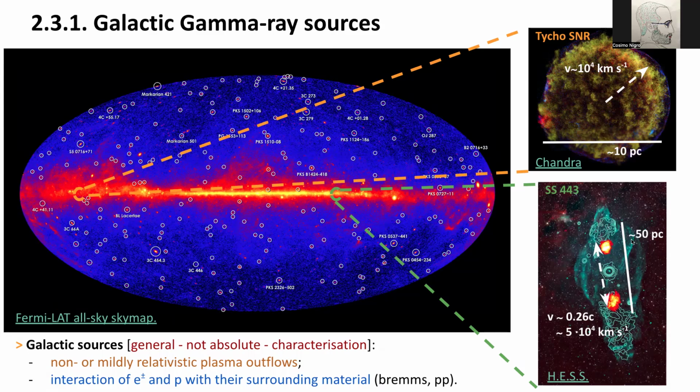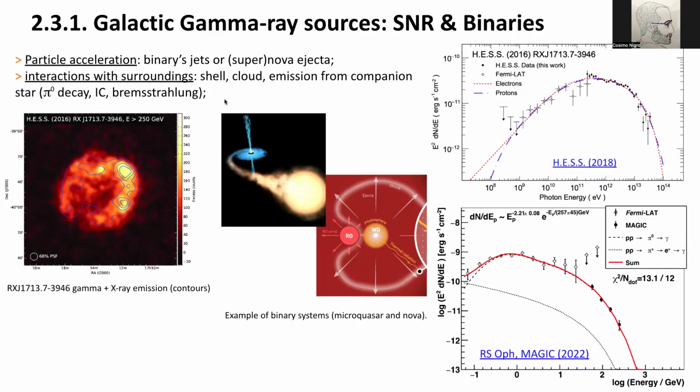And they are not so big, they typically span tens of parsecs. So plasma moving at a fraction of the speed of light along, let's say, tens of parsecs, okay? And here you have interaction either with the environment or with the photon fields produced by the charged particles themselves. This is the case of supernova remnants and binary sources.